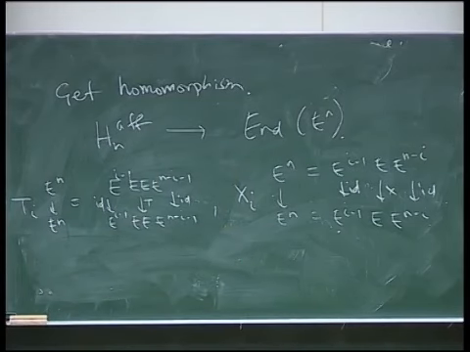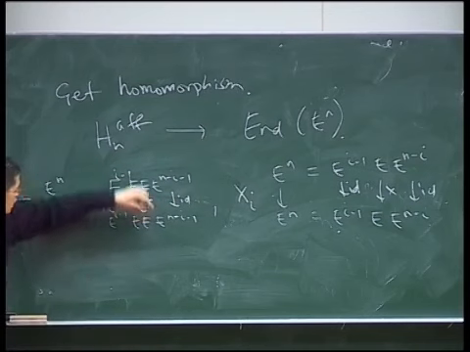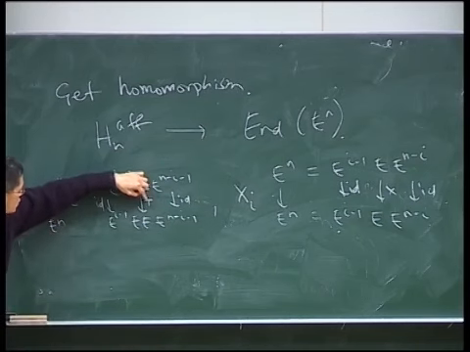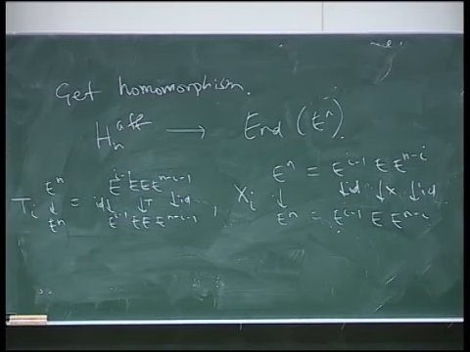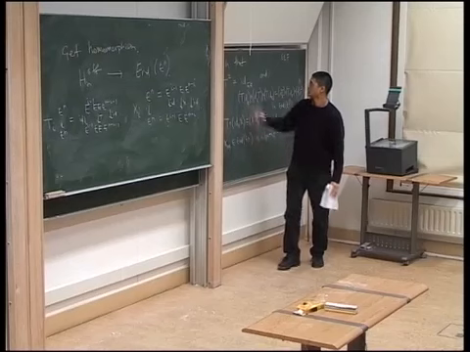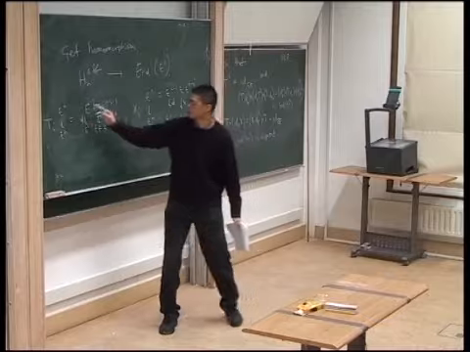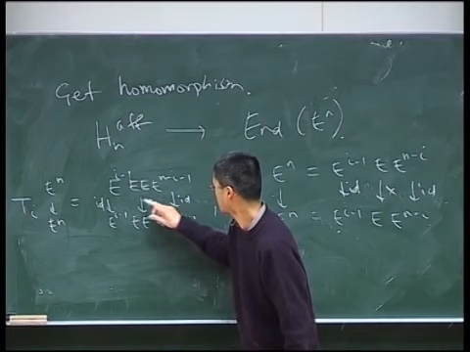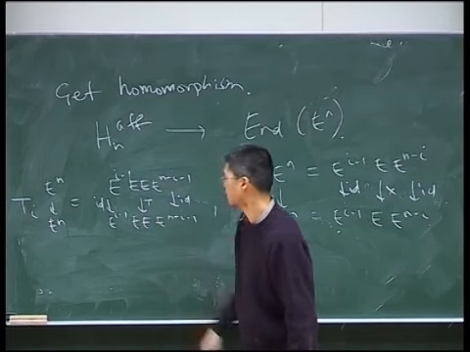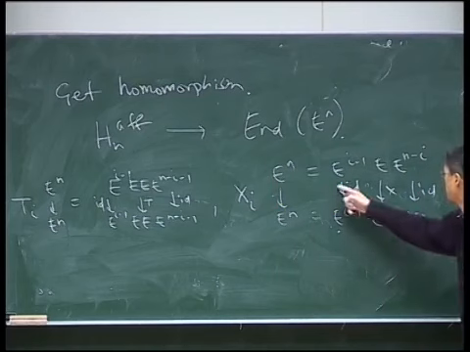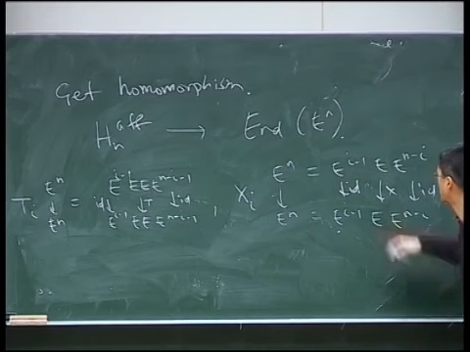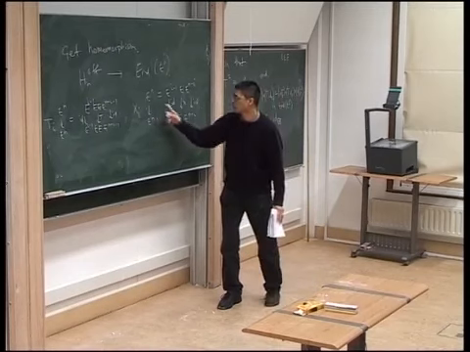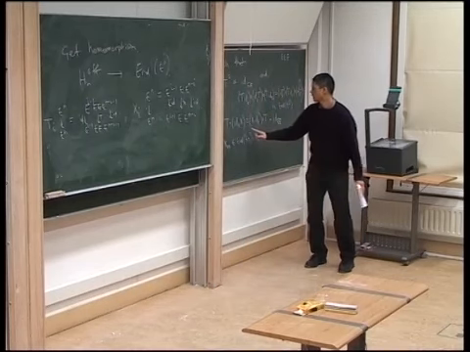Then it's easy to see that this is indeed a homomorphism. The braid relations between the t's are given by this identity, and of course you have this identity. So you get this copy of the symmetric group by t here. Notice that the t's which are far apart commute automatically because they're acting on different factors. Similarly, the x's commute, giving you the action of the polynomial subalgebra. And then the interesting relation is this one here.